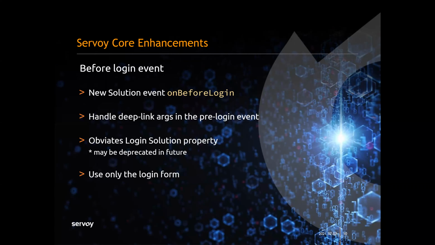You maybe still have to authenticate, but then you need to know where you're going. It used to be that you could only handle those in the login solution, which was a separate solution dedicated to the login flow. This essentially lets you handle it in the pre-login event and set whatever state you need, and then move on, and you don't need that heavier login solution.